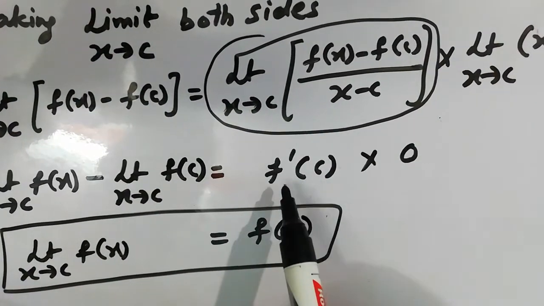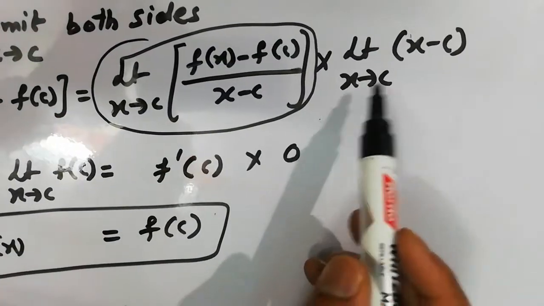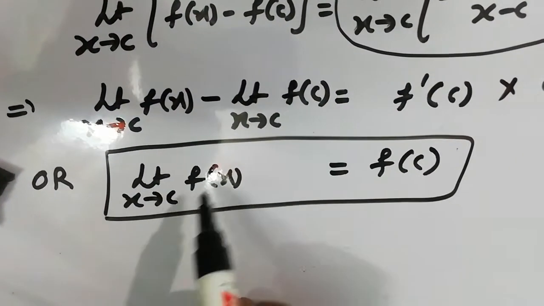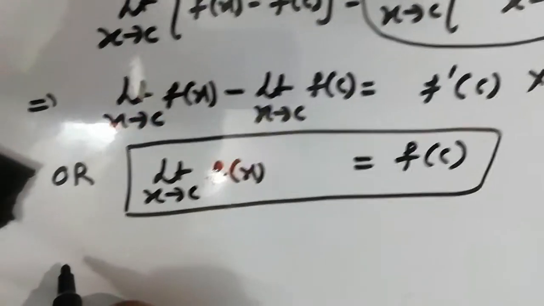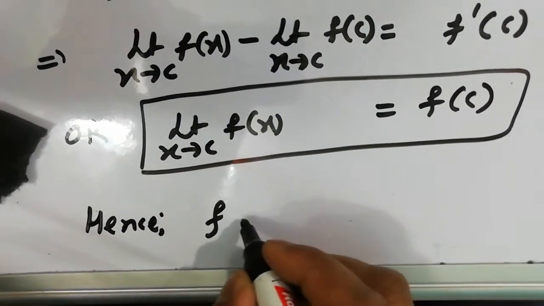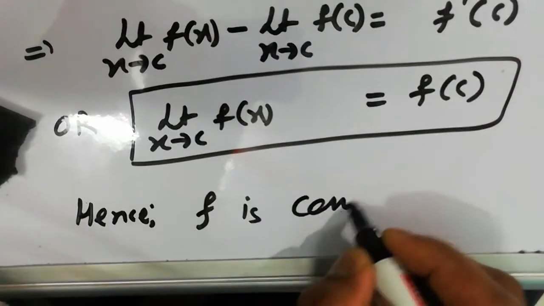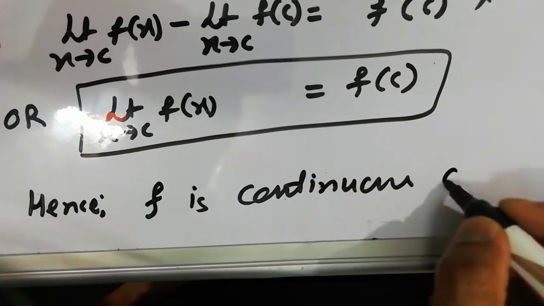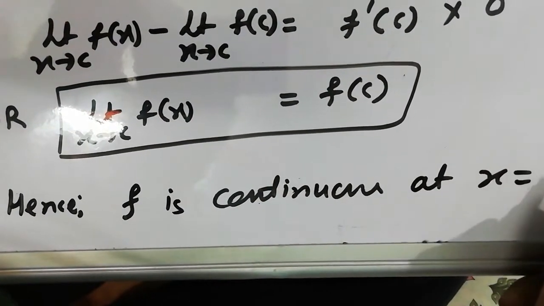Then from 1, this is equal to f dash c, and here applying the direct limit, it becomes 0, and we will get the result limit x approaches c, f of x equal to f of c. At last we have proved, hence the function is continuous at x equal to c.